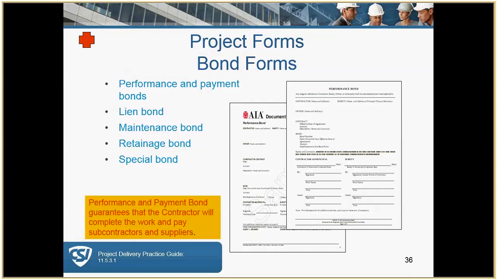If you ask for a performance and payment bond, keep in mind the bond company or surety usually issues a bid bond for free to the bidders, or at next to nothing in cost. So if you're going to be asking for a performance and payment bond, there's no reason not to ask for a bid bond for the total value of the project.